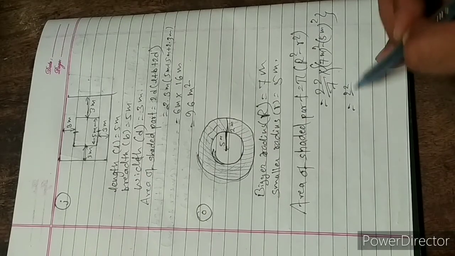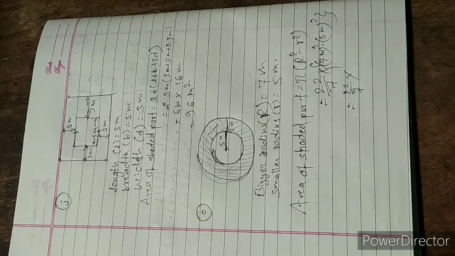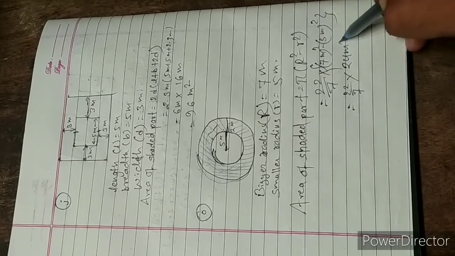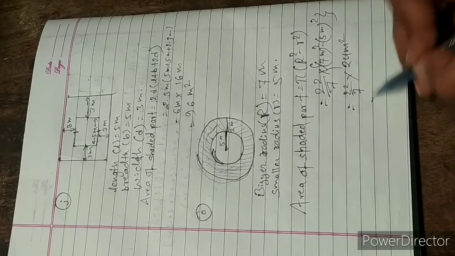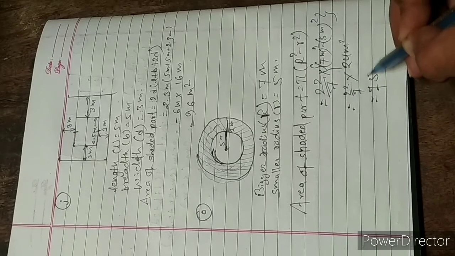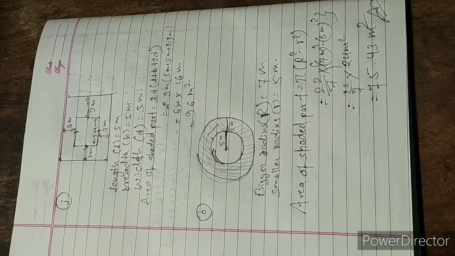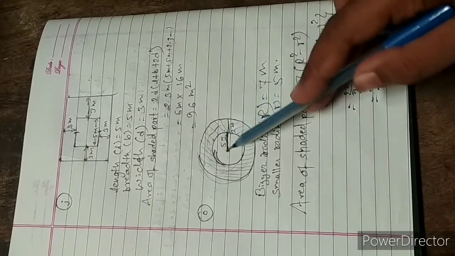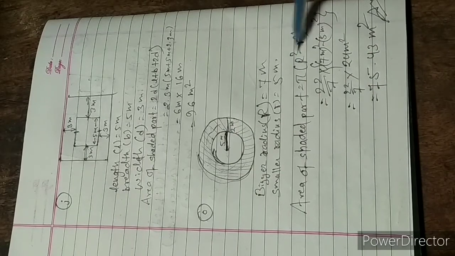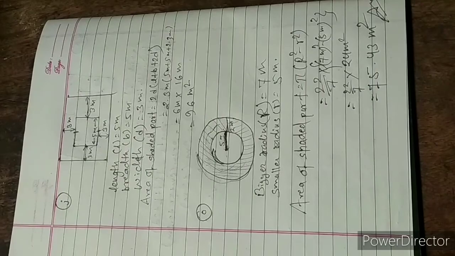Now 7 square is 49, 5 square is 25. 49 minus 25 will be 24. 24 into 22 divided by 7 is 75.43 meter square. The radius of the bigger is 5 plus 2, 7, the radius of the smaller is 5 only. So you can use pi R square minus r square to find the area of the shaded part here.